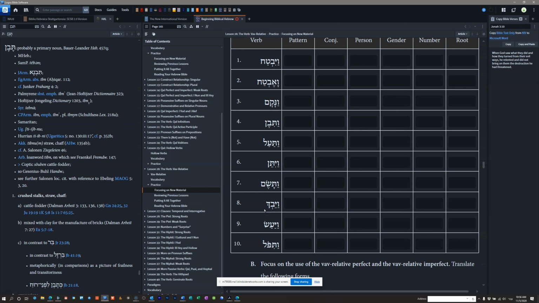So let's just start with we're missing R3. If we're missing R3, that's usually a third hay verb. So our root would be bet, kaf, hay, baka. Sure enough, that is a root that we have learned, baka.